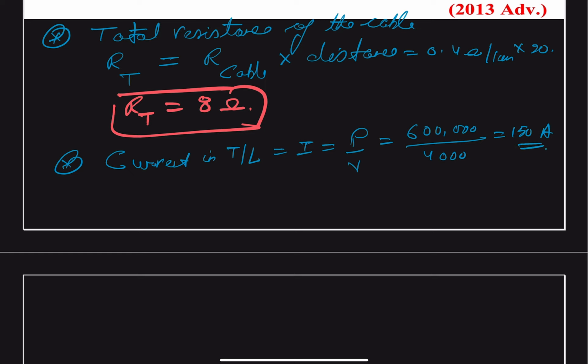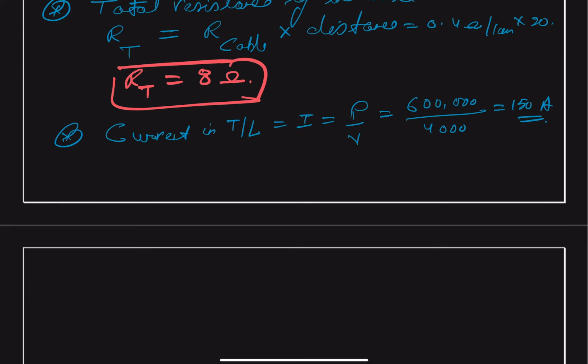Now we can find out the power dissipation in the cable, because we know the value of resistance and we know the current that is flowing in the cable.